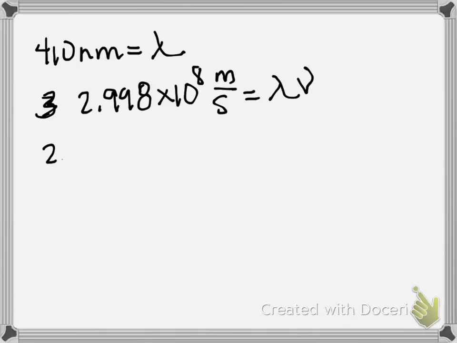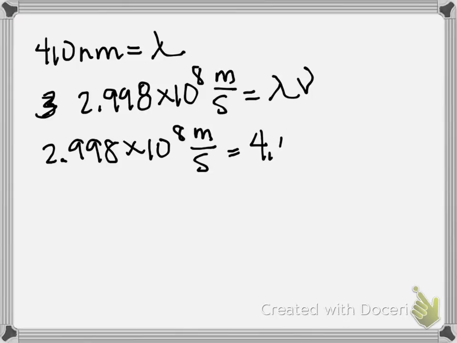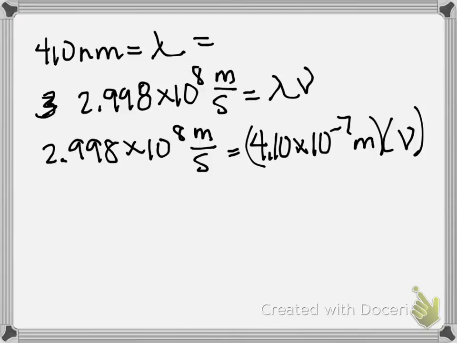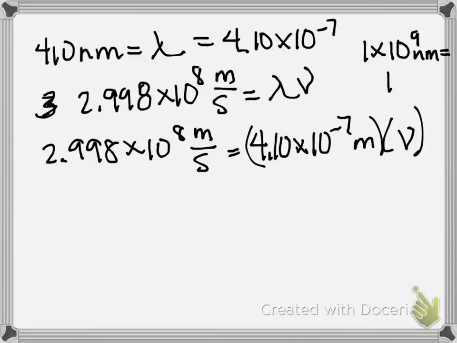So, 2.998 times 10 to the 8th meters per second equals 4.10 times 10 to the negative 7th meters times frequency. I needed to convert my nanometers to meters. 1 times 10 to the 9th nanometers equals 1 meter.